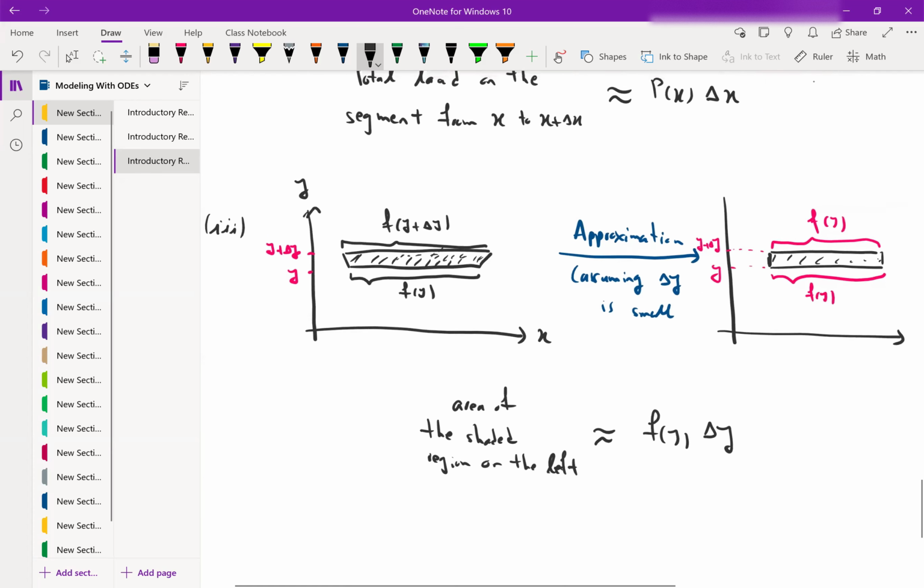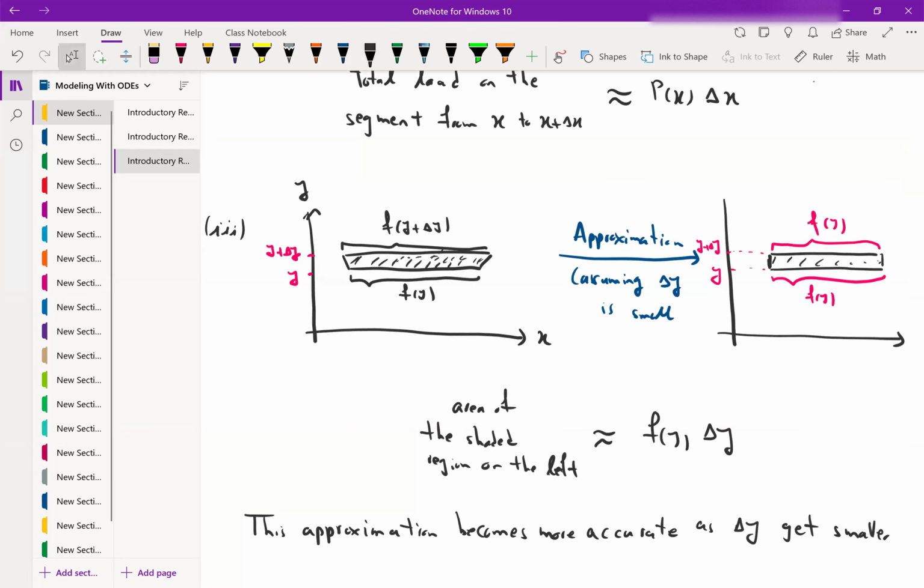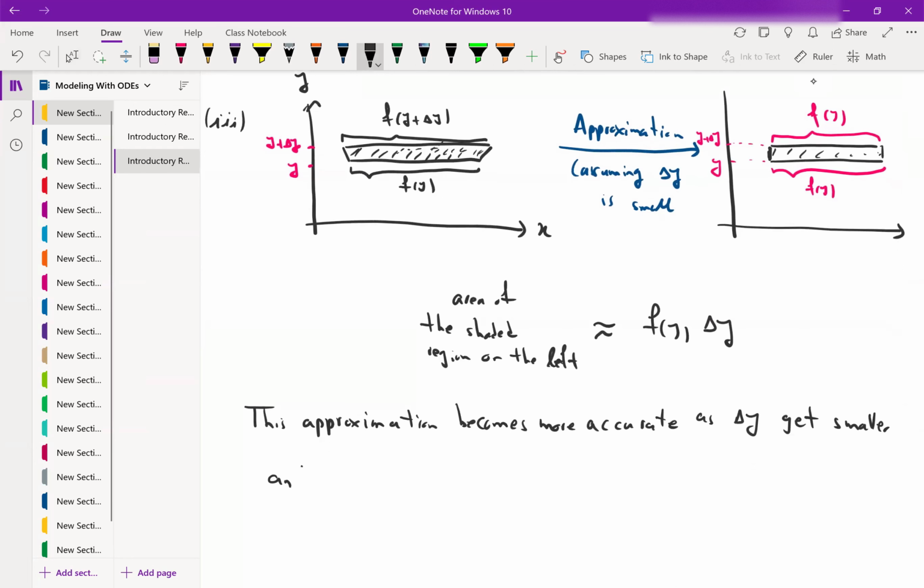And of course, as usual, this approximation becomes more accurate as delta y gets smaller and smaller. All right, I'm done with my observations, with my remarks.